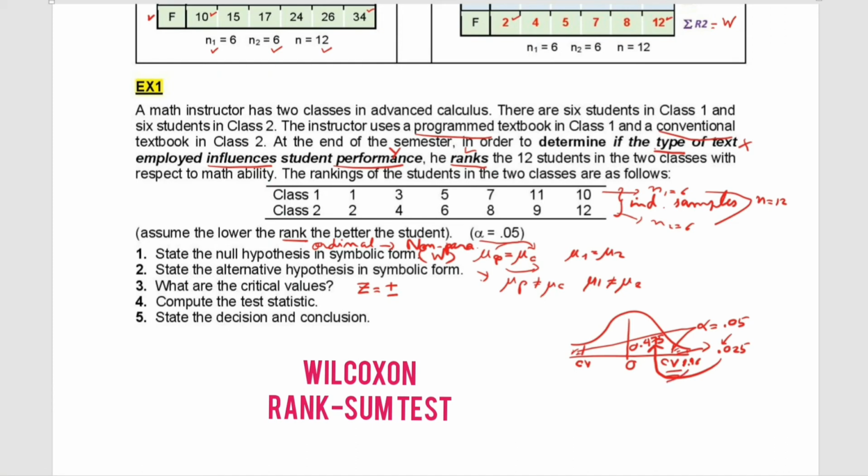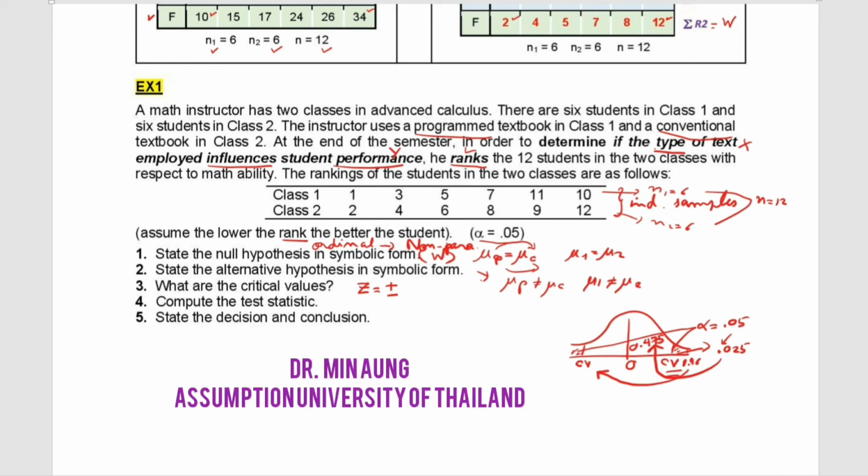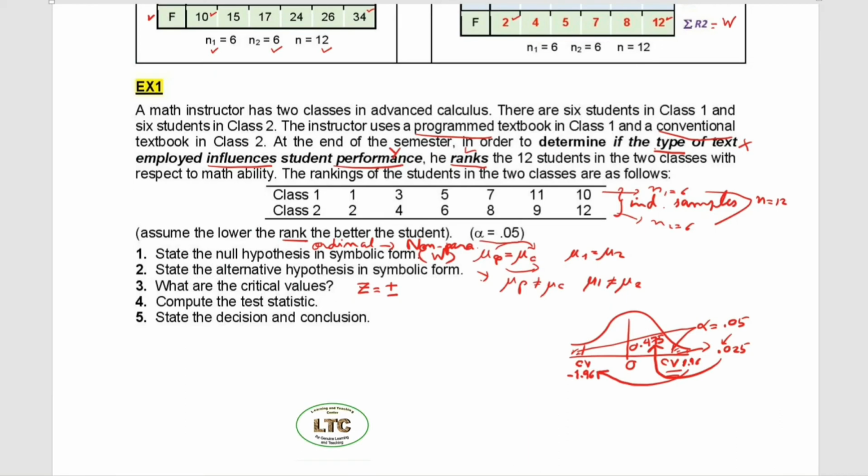The left and right are symmetric, therefore the areas are the same on the left and right. The negative critical value is negative 1.96. So write Z critical is equal to plus and minus 1.96. There are two critical values. Farther than these values from 0 will be rejection region. Note this.